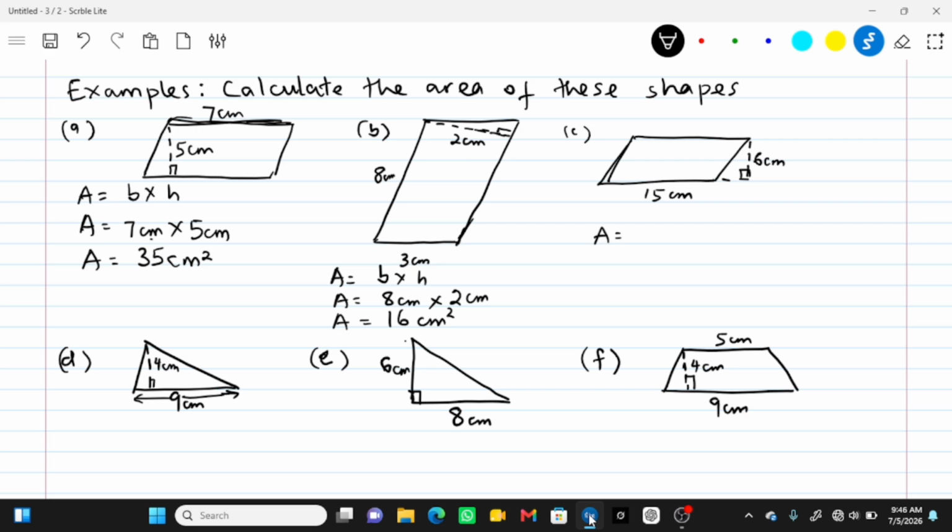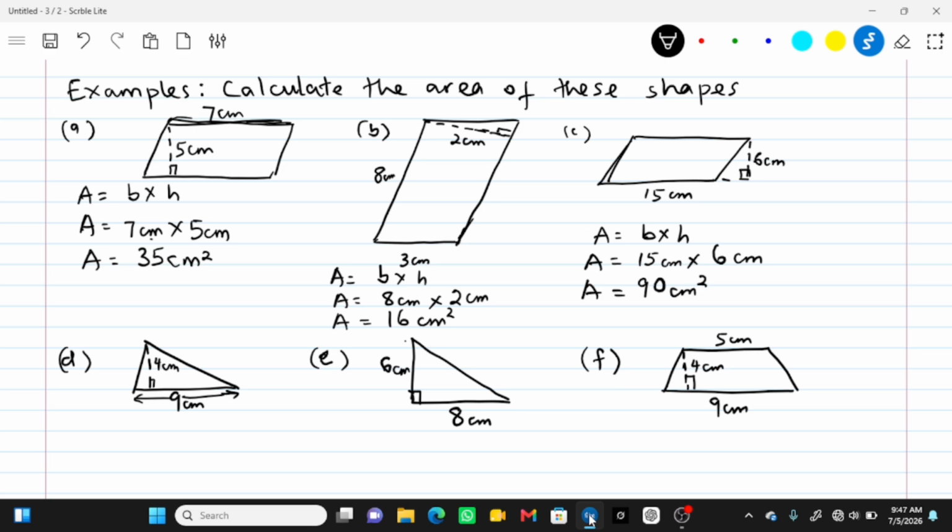The area is again base times height. The base is given, this is the vertical height, so we multiply the two, 15 centimeters multiplied by 6 centimeters. So the area equals 15 times 6, that should be 90 centimeters squared.